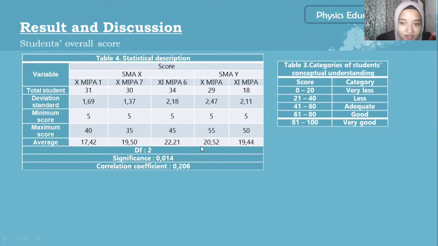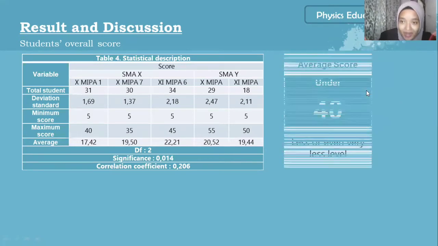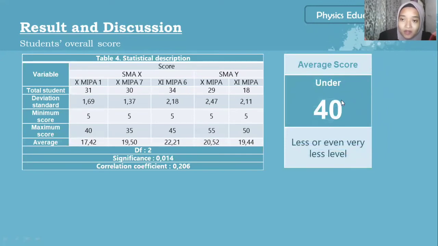And we use this table of categories of students' conceptual understanding. So we found that the average score under 40, or maybe under 30, is categorized as less or even very less level.